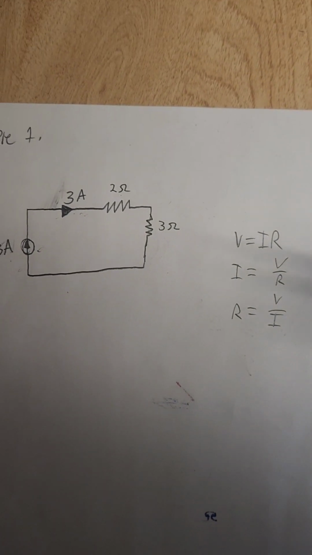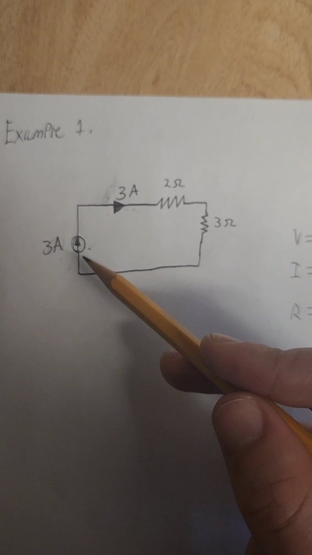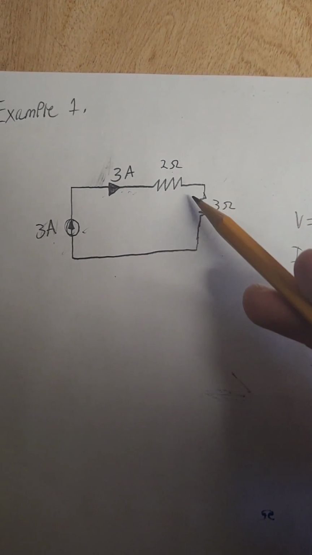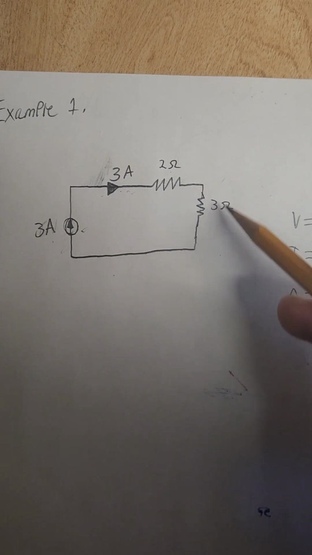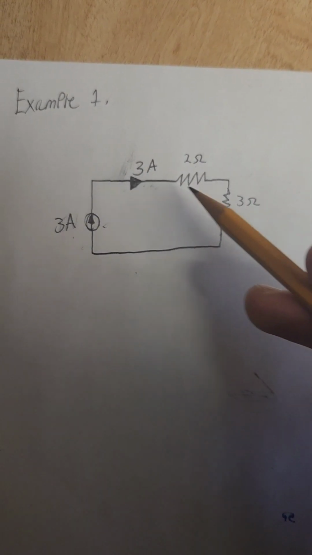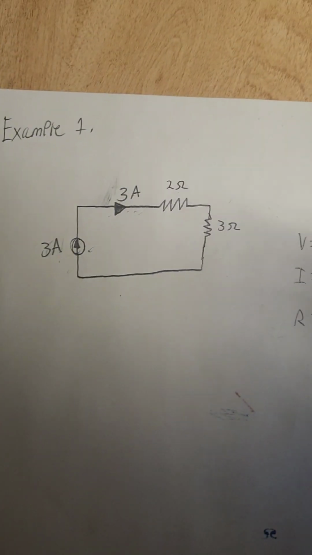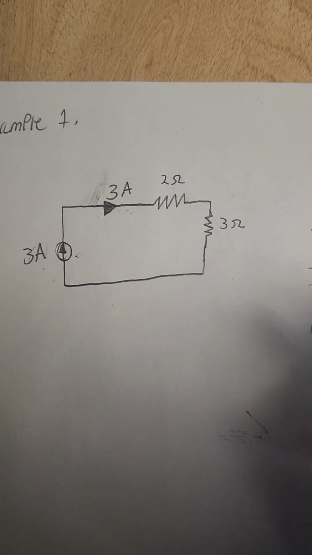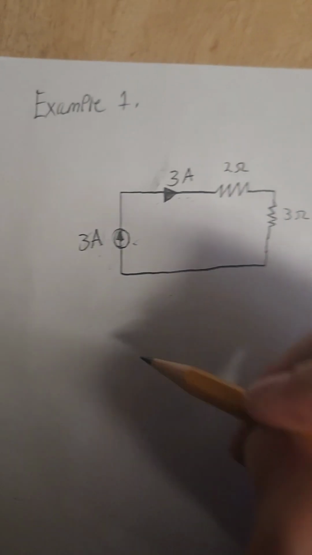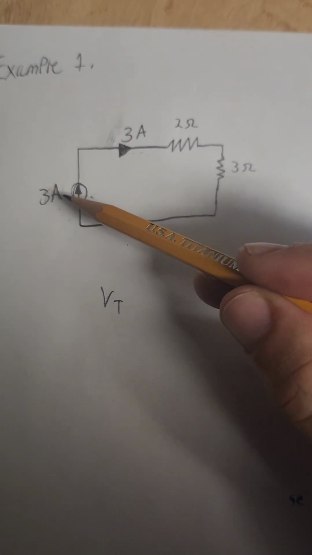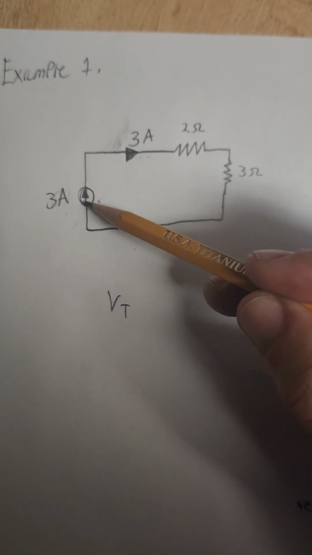We have a current source of 3 amps, which will go through a 2 ohm resistor and a 3 ohm resistor in series. What we need to do here is find what the voltage is. So the voltage that is being made here.